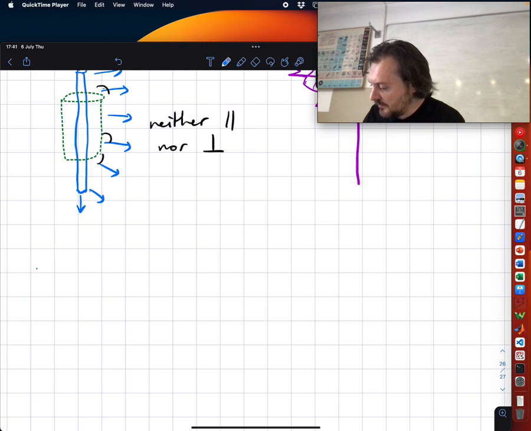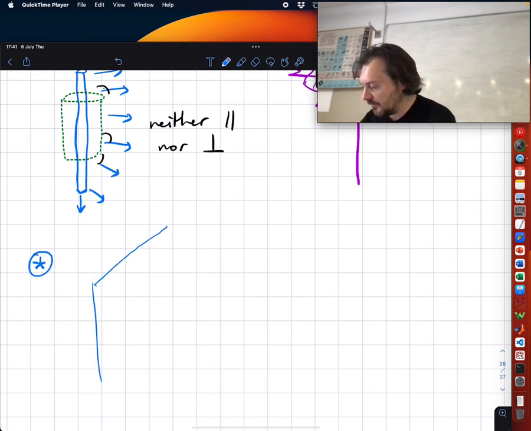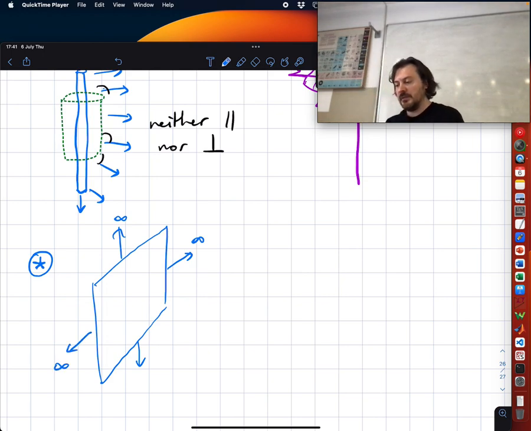Okay. Let's do the infinite sheet. And just for the reason why the wire doesn't work, this also doesn't work when it's not infinite, right? So you have an infinite sheet.